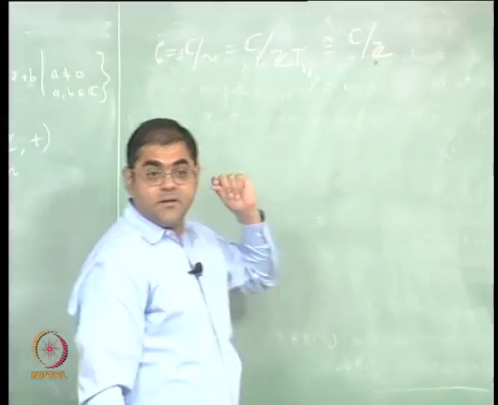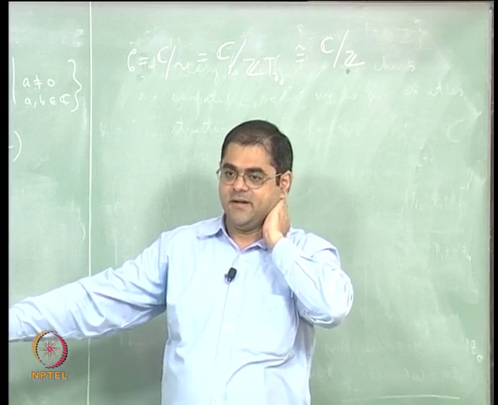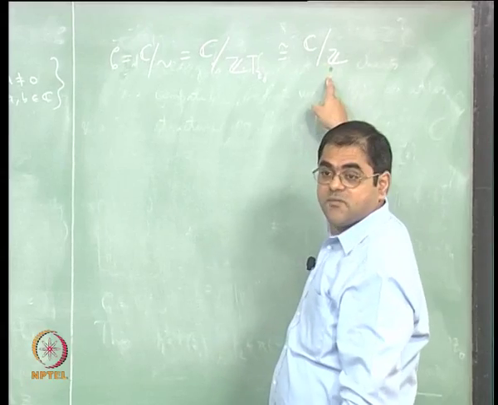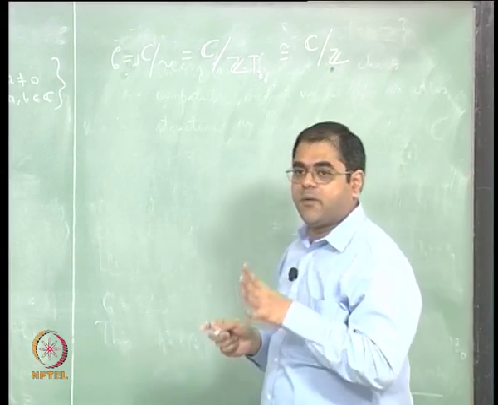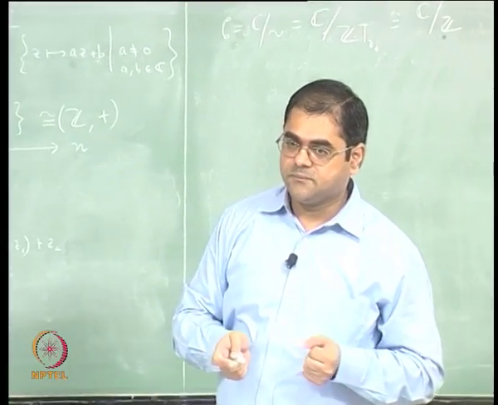All I am trying to tell you is that the group structure also comes into the picture if you think of it as a quotient of C by a group of automorphisms. This viewpoint is going to be extremely important in the lectures that follow. So I will stop here.